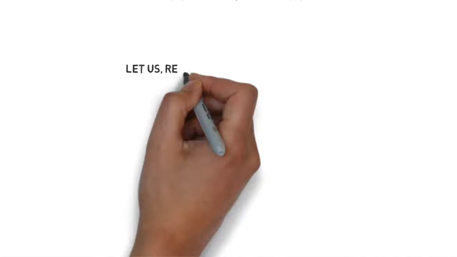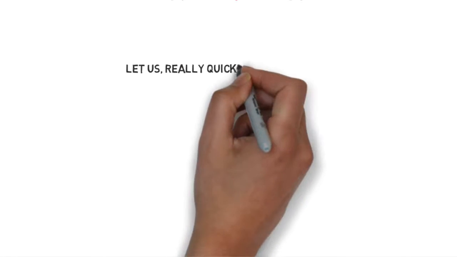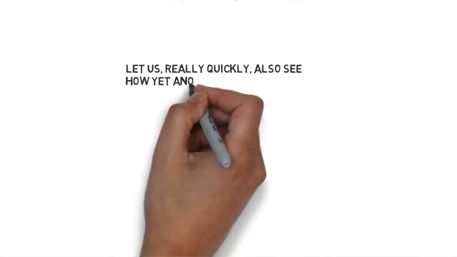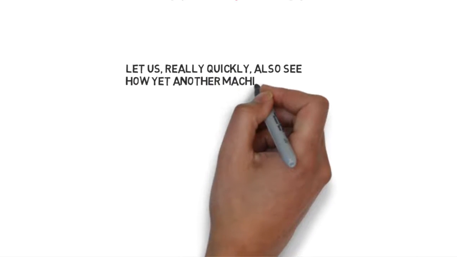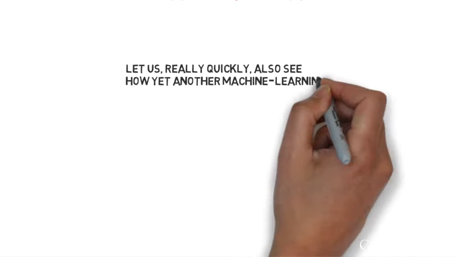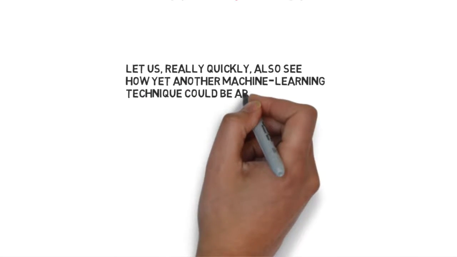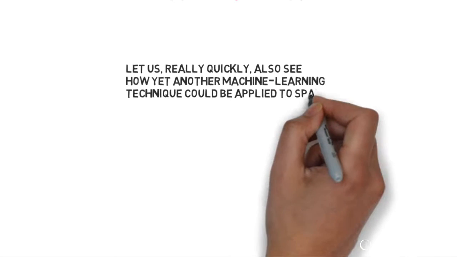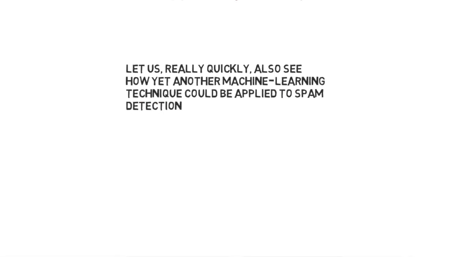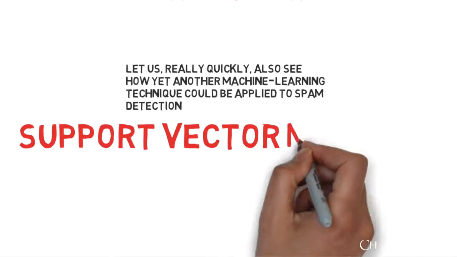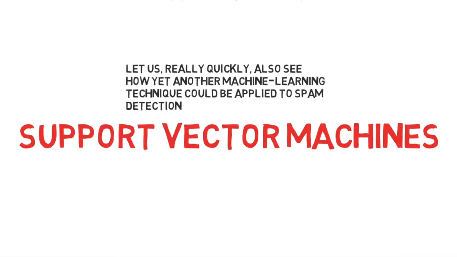Very briefly, we'll touch upon another classification technique which also represents all the problem instances as points in an n-dimensional hypercube. This method is called support vector machines. Support vector machines are non-probabilistic classifiers.